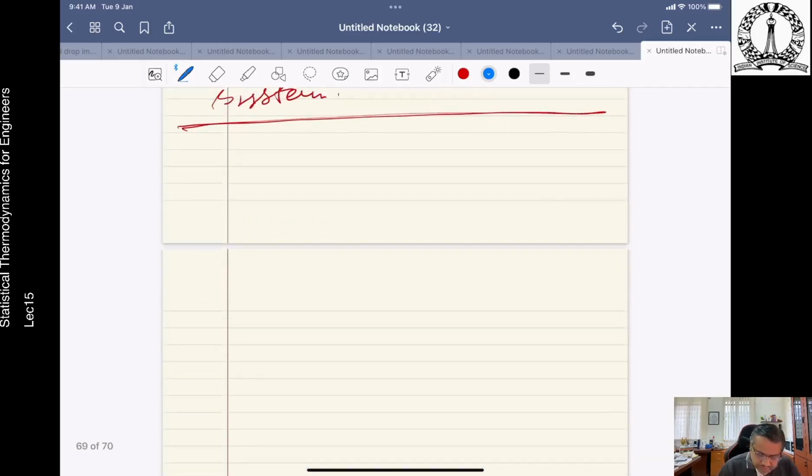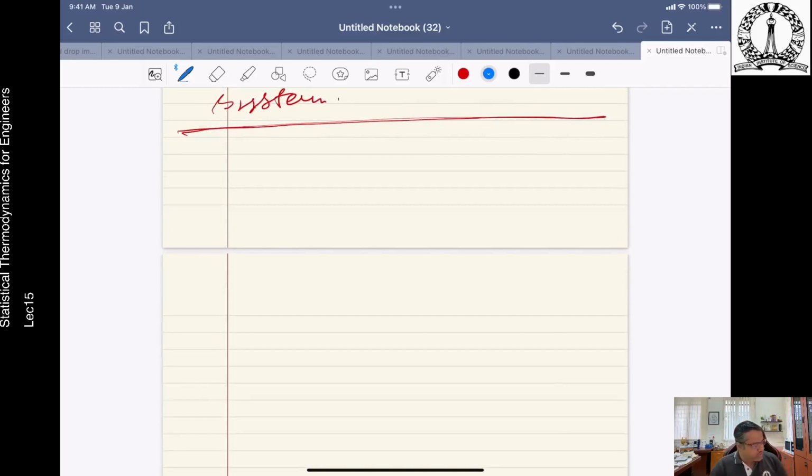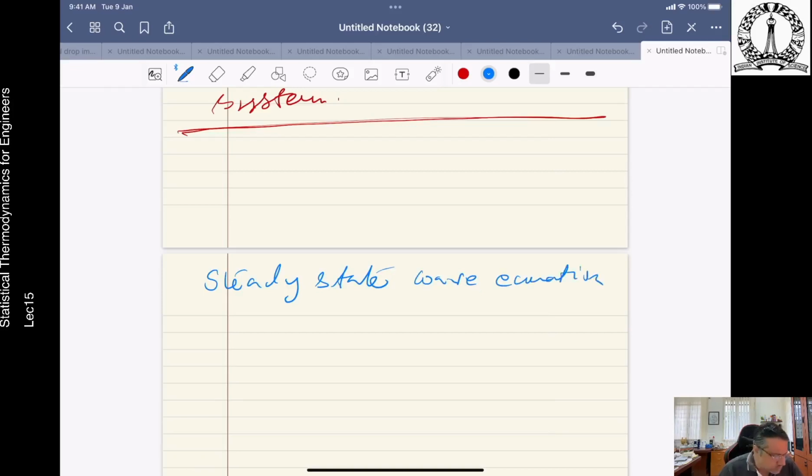Now we are in a position to tackle the steady state Schrödinger's wave equation. We started with this, we got distracted a little bit. Steady state wave equation: psi of r comma t is equal to psi of r. This is like a separation of variables.